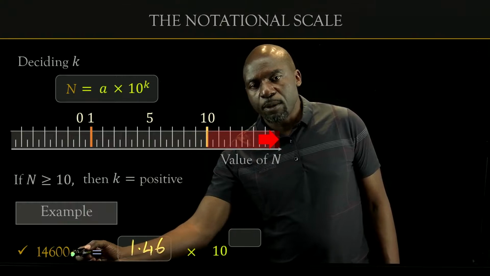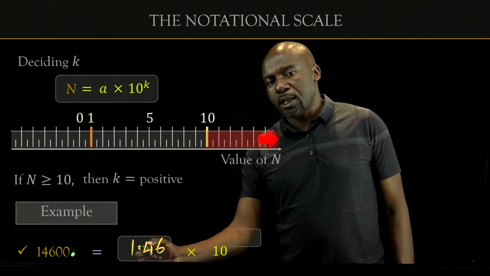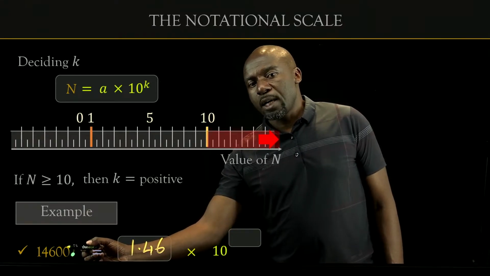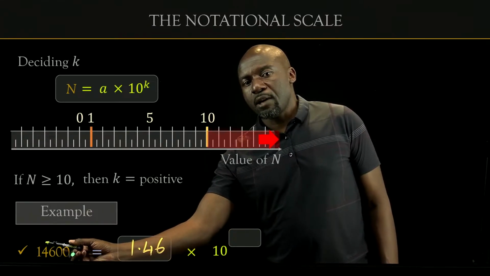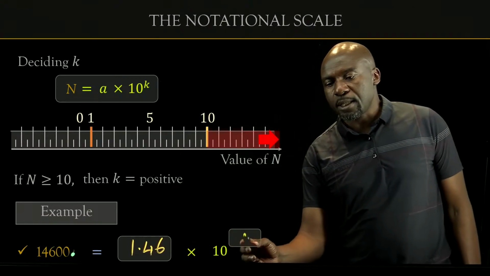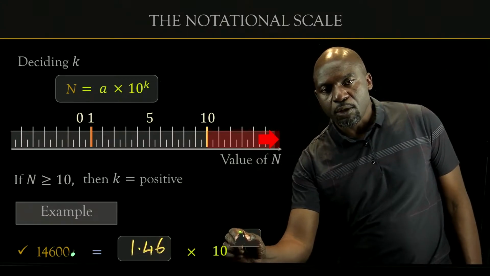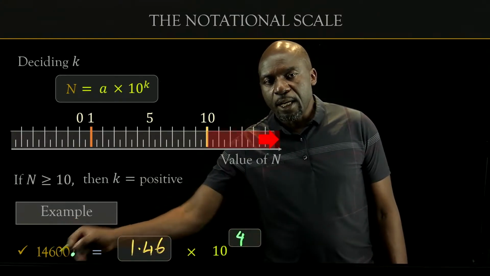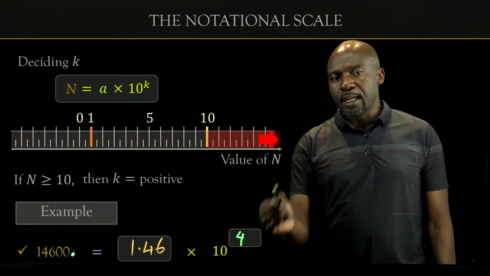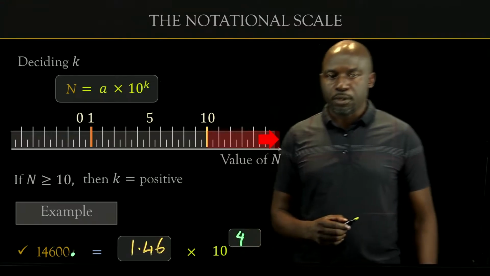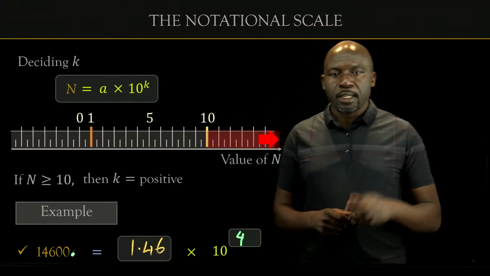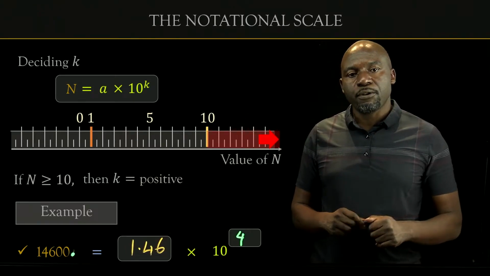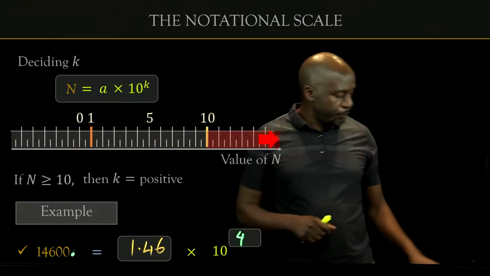So how many decimal places do we move so that we put the decimal between 1 and 4, which is there? You should see that is 1, 2, 3, and 4. So we move 4 decimal places, and so this number here is going to be a 4. Okay, and because the number n is greater than 10, our value of k is going to be positive. And so 14,600 can be expressed as 1.46 times 10 to the power of 4 in scientific notation.